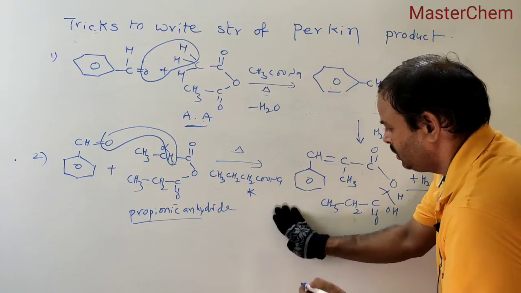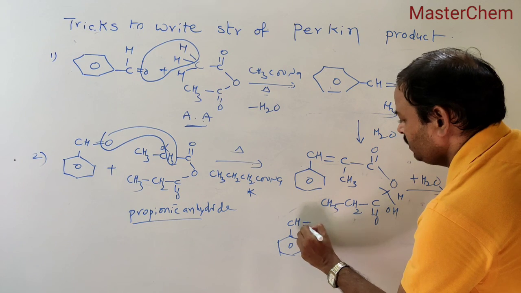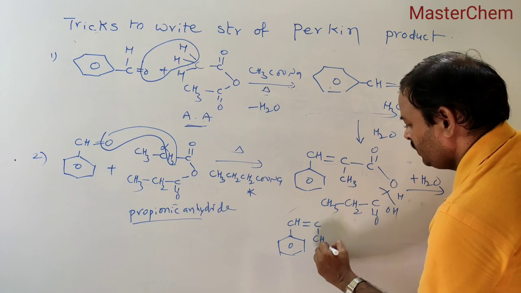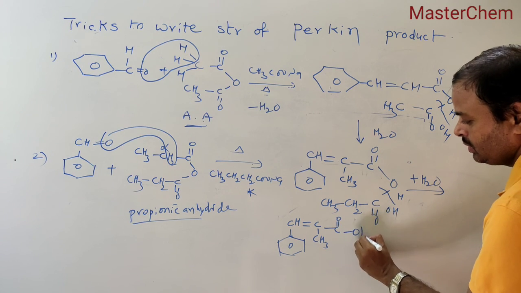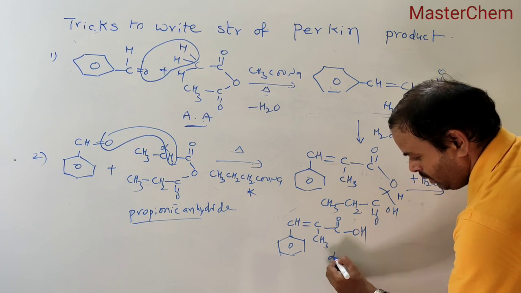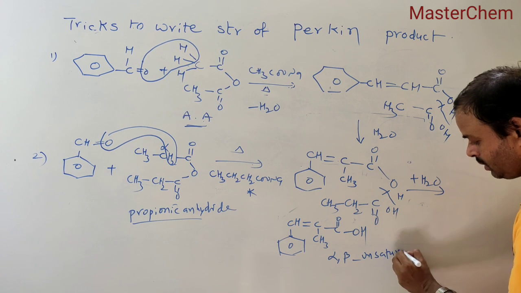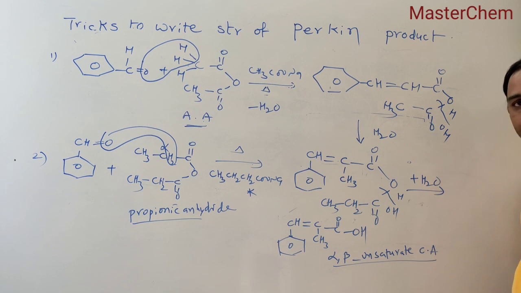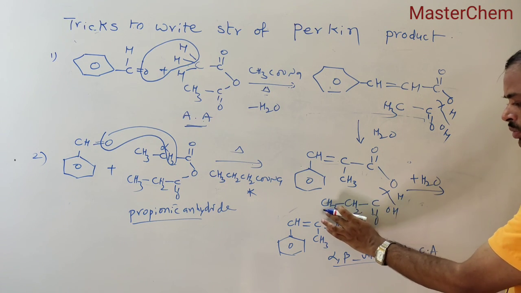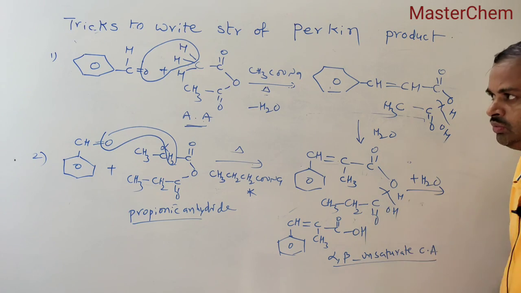So this is CH double bond C, CH3, C double bond O, OH. This is the product, an alpha beta unsaturated carboxylic acid, and the remaining side product is propionic acid, CH3, CH2, COOH.